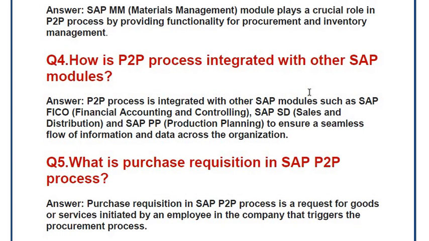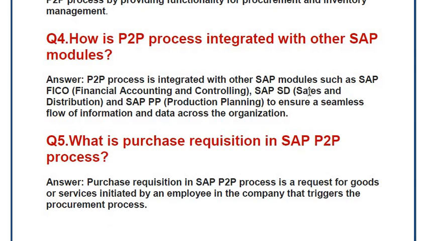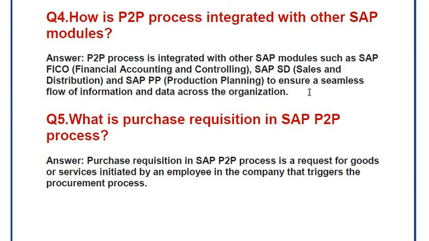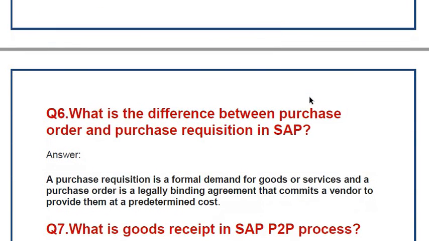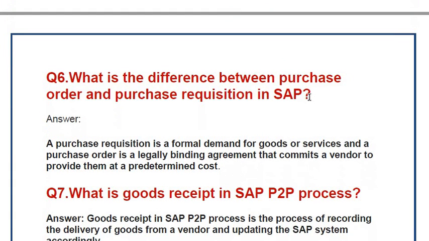Okay. What is a purchase requisition in the SAP P2P process? A purchase requisition in the SAP P2P process is a request for goods or services initiated by an employee in the company that triggers the procurement process, right? What is the difference between a purchase order and a purchase requisition?